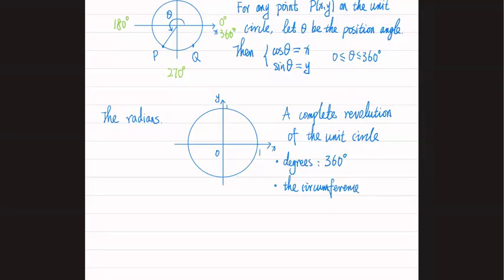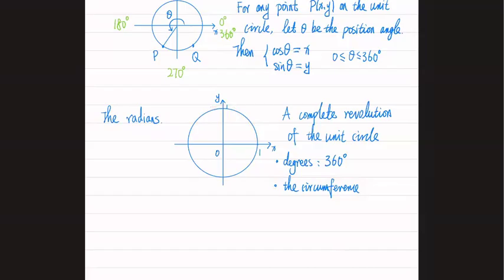Okay, it's a good time to recall what's the circumference of a circle with radius 1? Jessica, what's the circumference of a circle with radius 1? 2 pi.